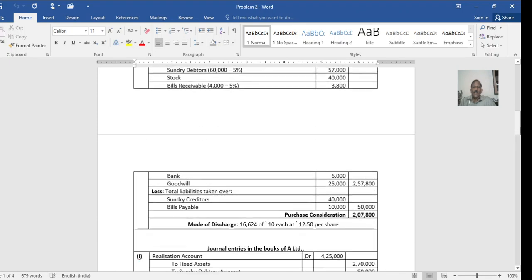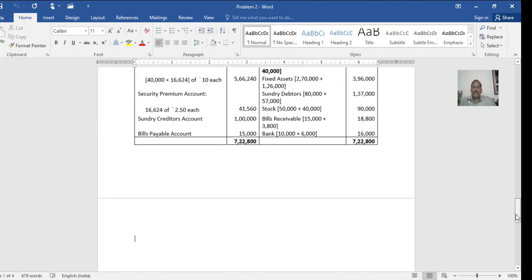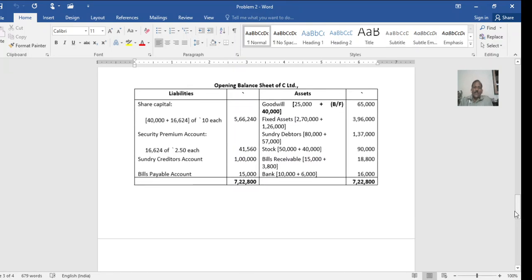4 lakh plus 1,66,000. Yes, it is 5,66,000.